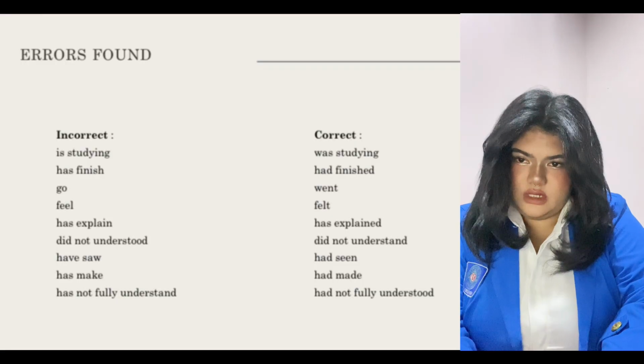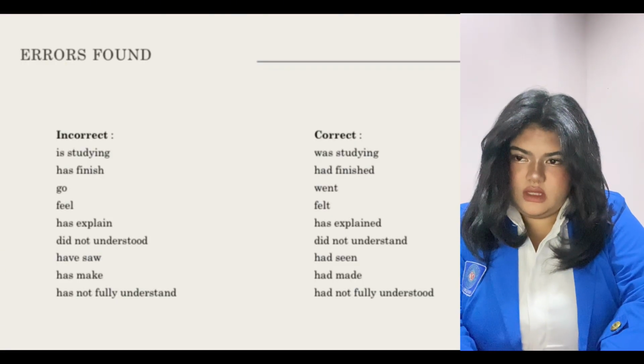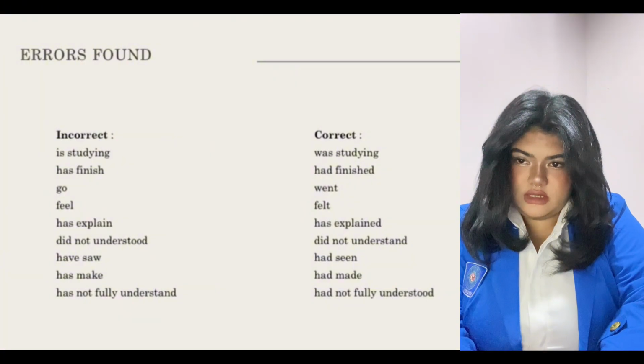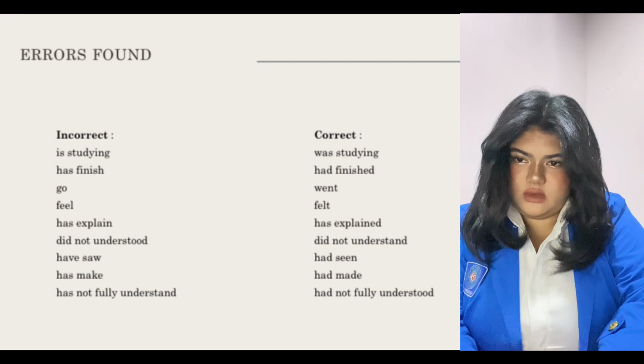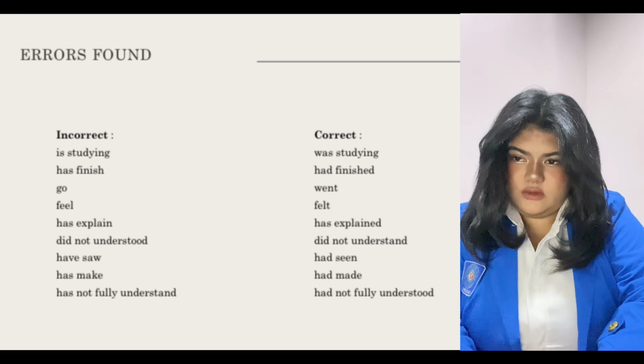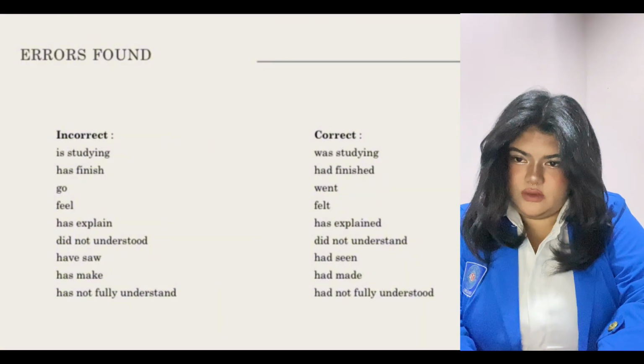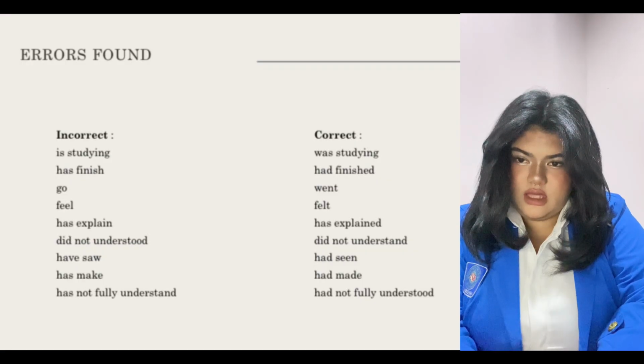The incorrect one is "studying". The correct one is "was studying". The incorrect "has finished", and the correct is "had finished". The incorrect "go", the correct one is "went". Incorrect "feel", correct "felt". Incorrect "has explained", correct "has explained".